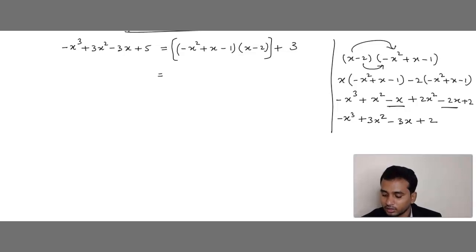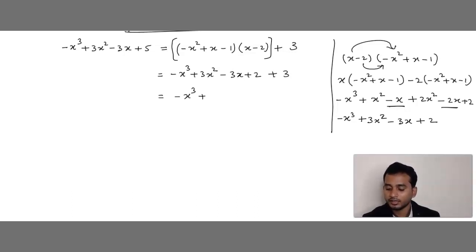We write these terms as they are, that is minus x cube plus 3x square minus 3x plus 2. Again this plus 3 as it is. Now you can see here minus x cube plus 3x square minus 3x plus 2 plus 3 is plus 5.